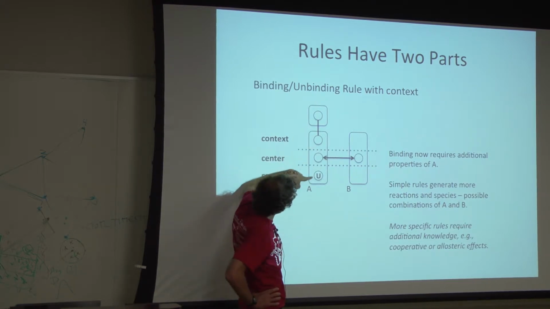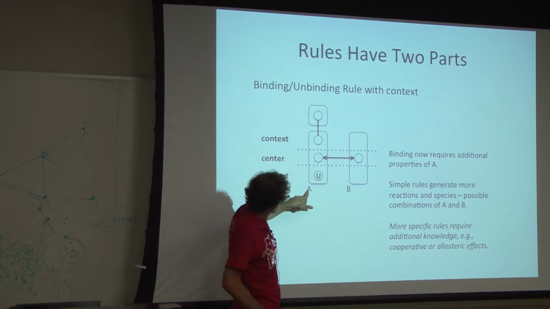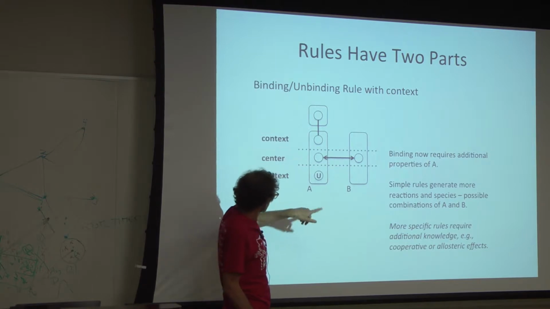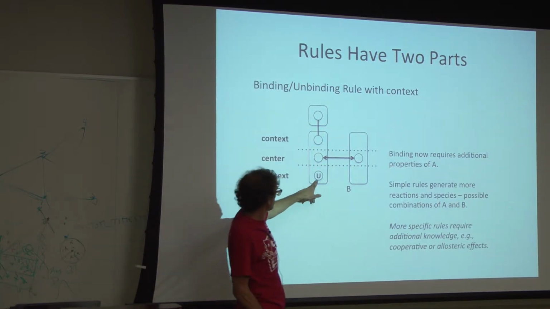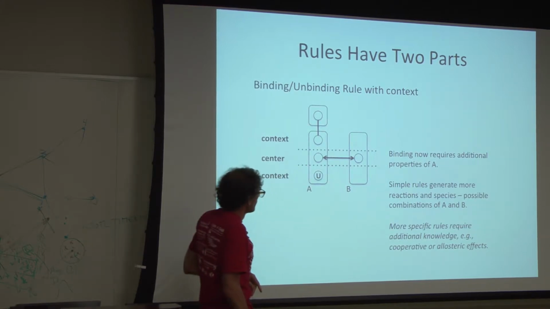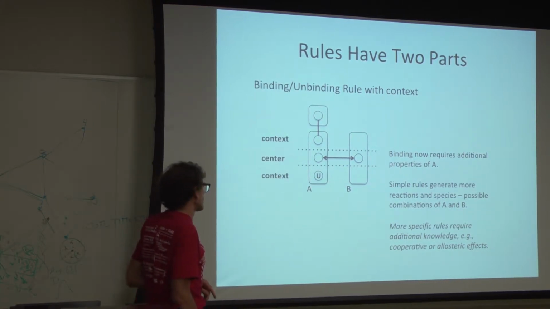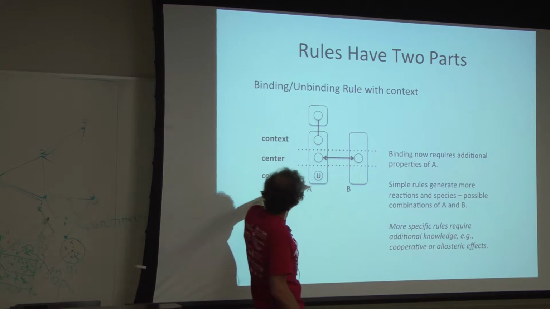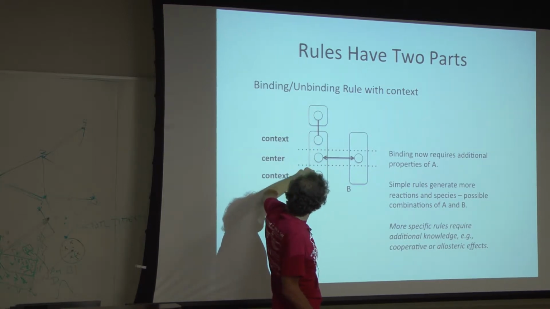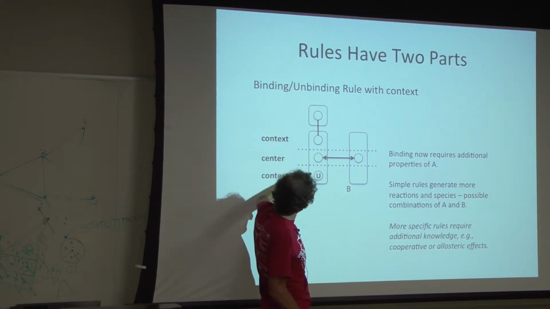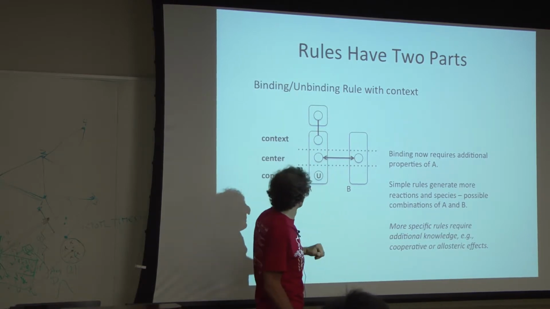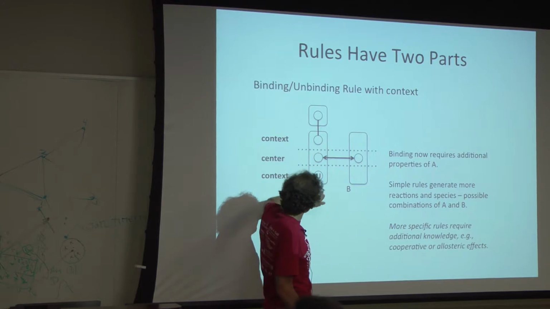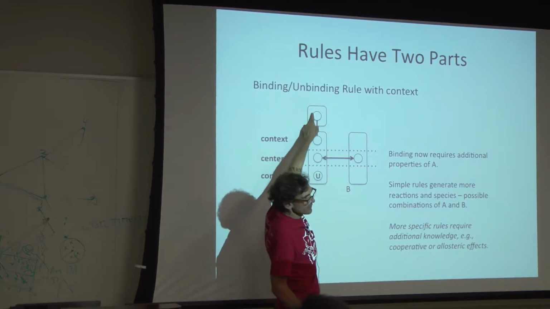Here I've added another piece of context. I've said that this other phosphorylation site on A has to be in the unphosphorylated form. So the idea of the context is these are additional requirements that the reactants must satisfy in order for the transformation that's carried out by the rule to take place. So in order for A to bind B, A has to be unphosphorylated and bound to ligand.